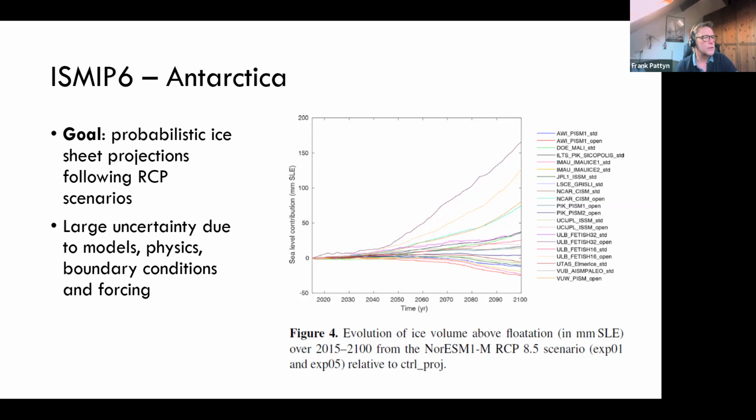So in general, this gives you a large uncertainty, which is due to the fact that you have quite a lot of models participating, but also models with different physics, models using also different boundary conditions.